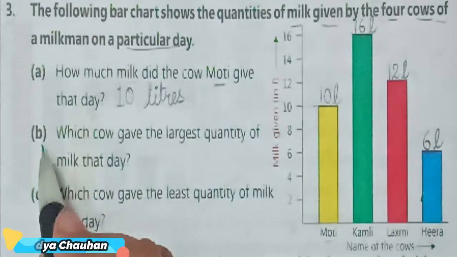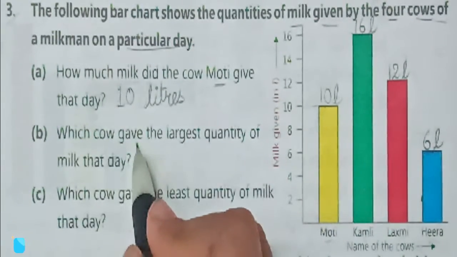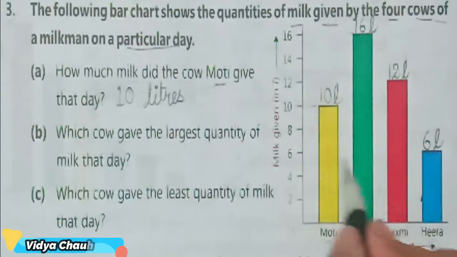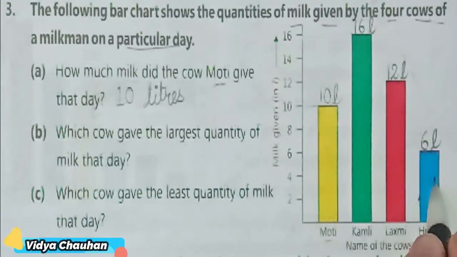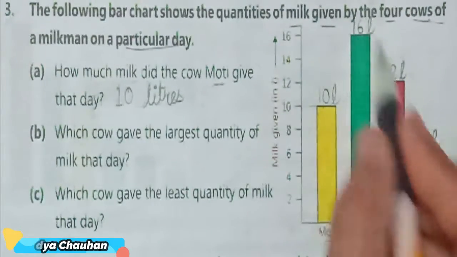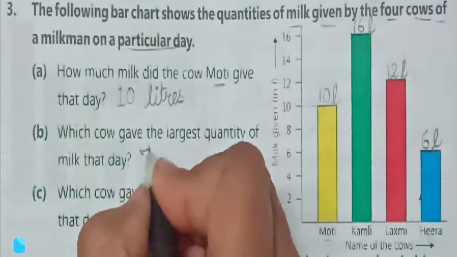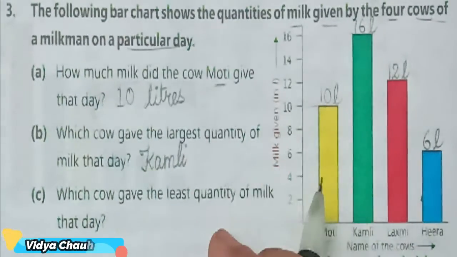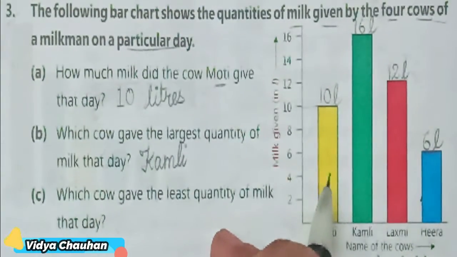Clear, students? Second one, which cow gave the largest quantity of milk that day? Out of these four, which has given the largest amount of milk? Yes, the maximum amount is 16 liters given by Kamli. So your answer is Kamli has given the maximum milk and that is 16 liters.